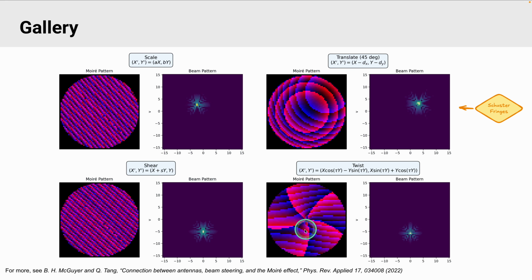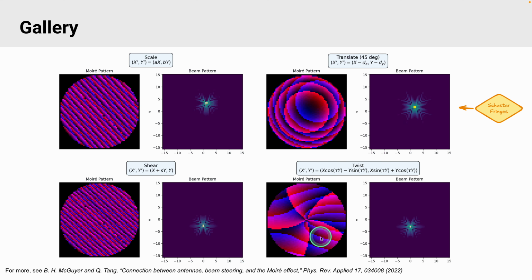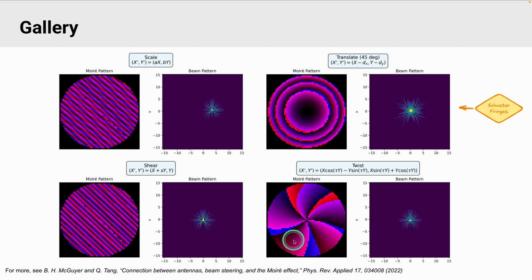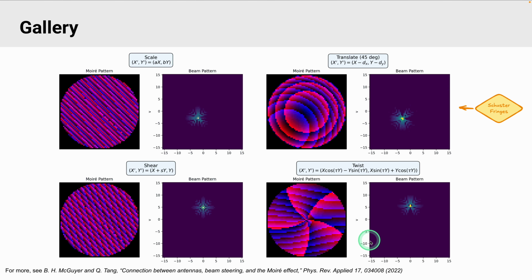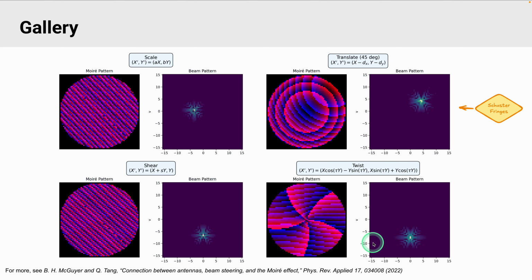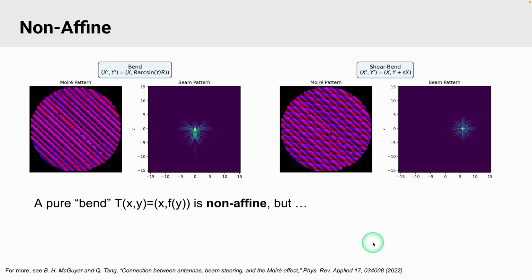And this twist mechanism is a little bit exaggerated, but underlying it is using Archimedean spirals. For the non-analytical transformation, for example, we know that a pure bend is non-analytical, but still, in combination with other types of mechanical transformation, we can still form a beam steering pattern.